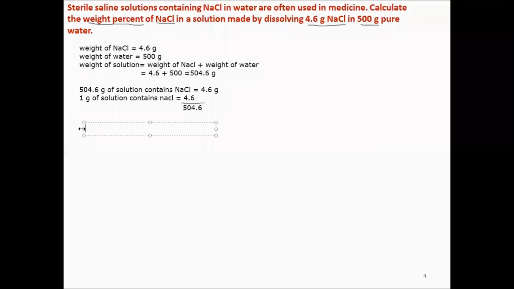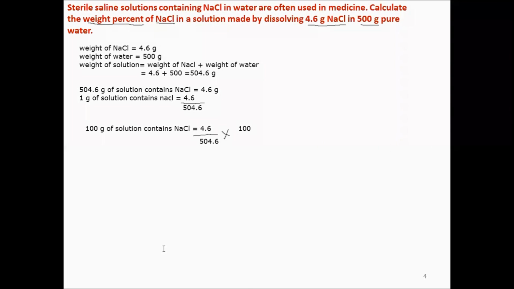Now, in order to calculate weight percent, we have to calculate for 100 gram. So we will say 100 gram of solution contains NaCl equal to 4.6 divided by 504.6 and multiplied by, you tell me, 100.